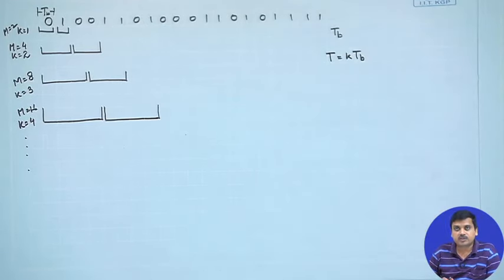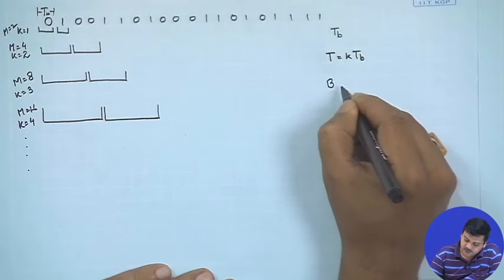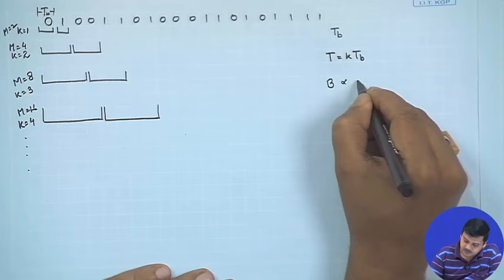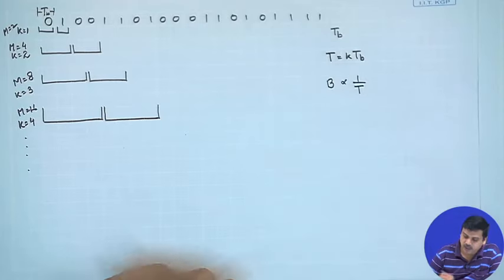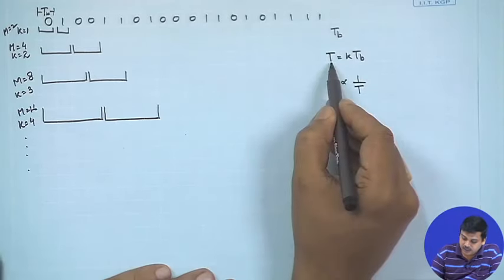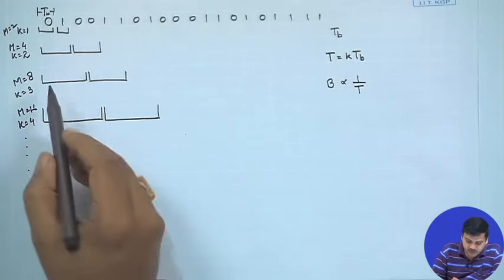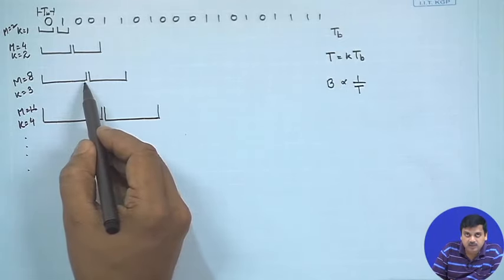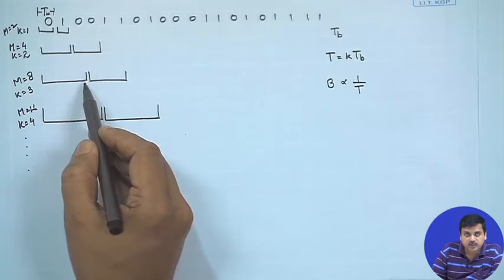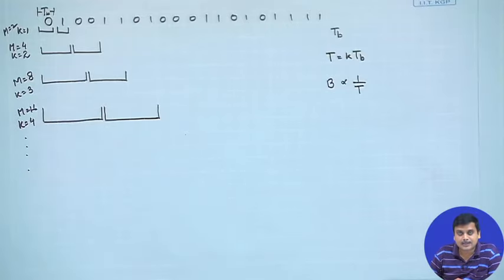We will of course discuss a particular aspect at a later time. Roughly speaking, as of now, the bandwidth that is occupied is proportional to 1 upon T, because over this symbol duration your amplitude would remain constant if it is pulse amplitude modulation. If it is phase shift keying, your phase would remain constant.